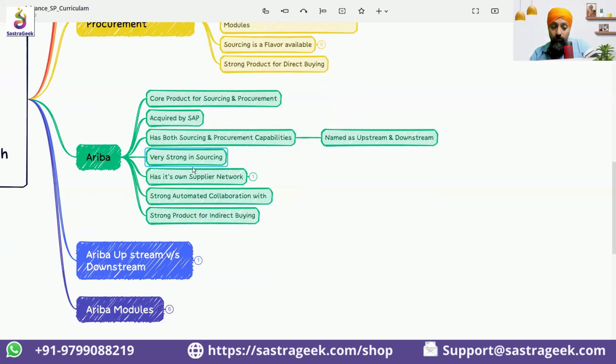Very strong in sourcing, Ariba has its own supplier network. So any vendor can register themselves on Ariba.